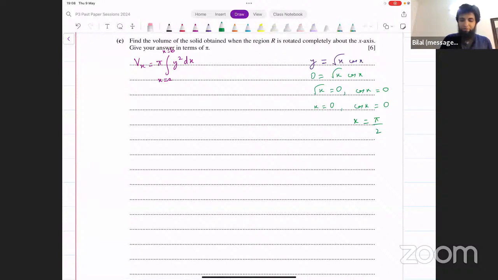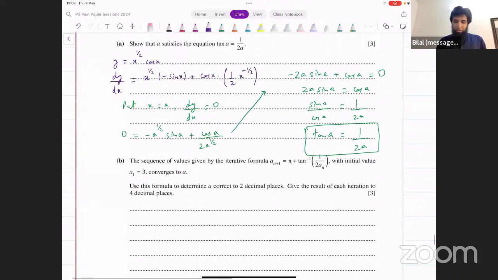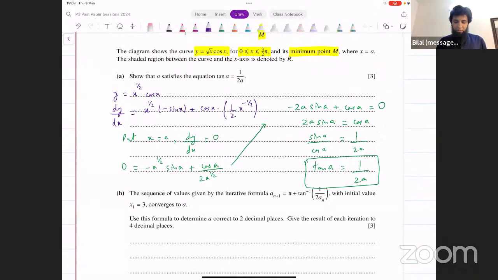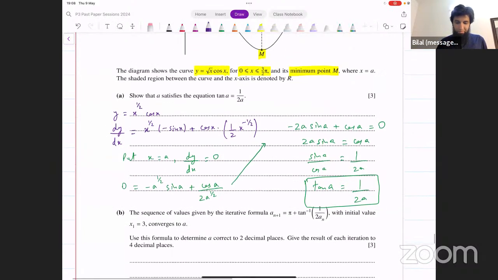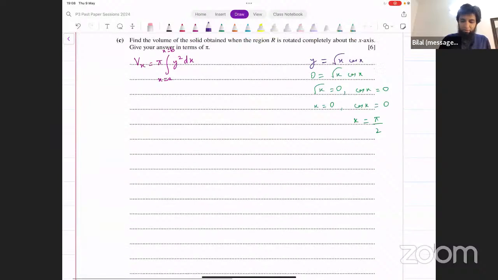You've got the limits now. Now you find y square. Okay, what is y square going to be? Let's evaluate y square on the side here first. Y square equals x cos square x, right? That is what y square is.